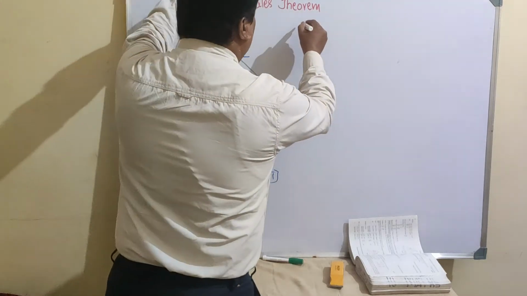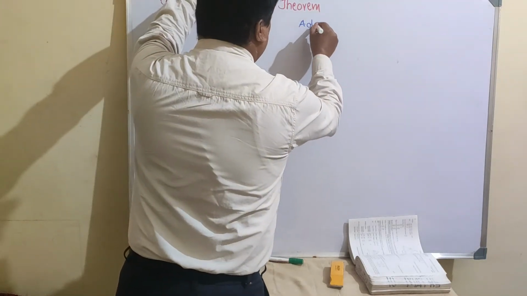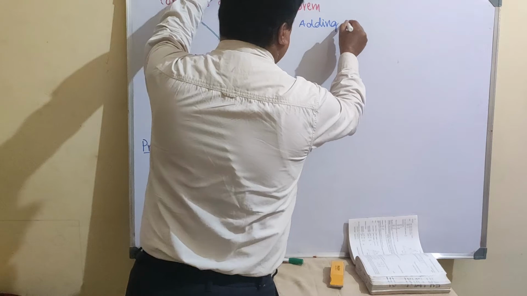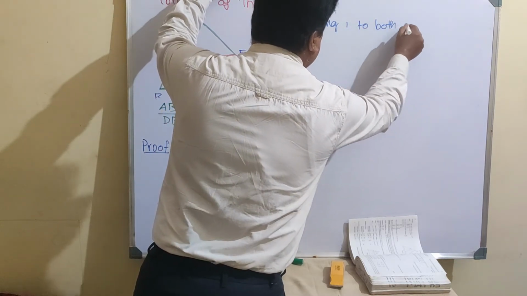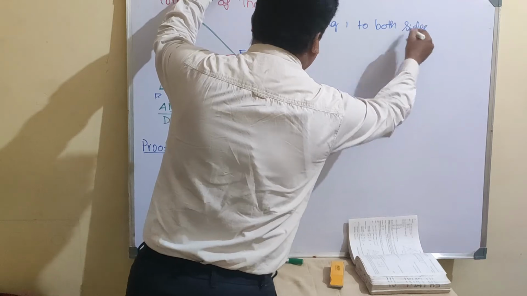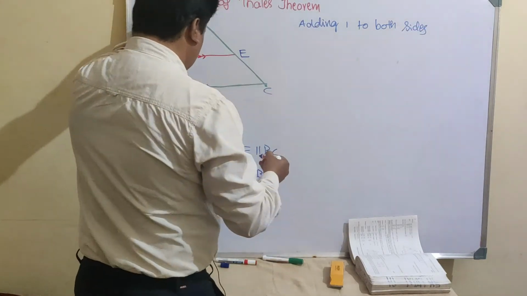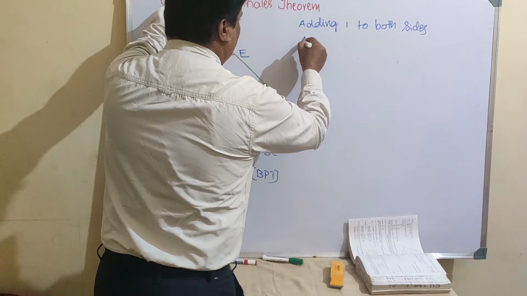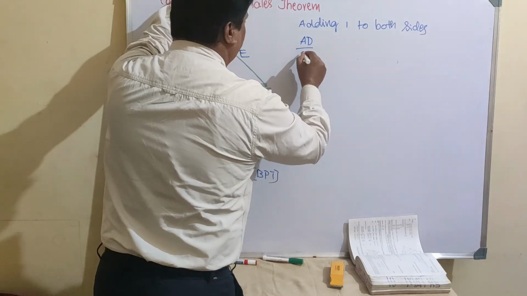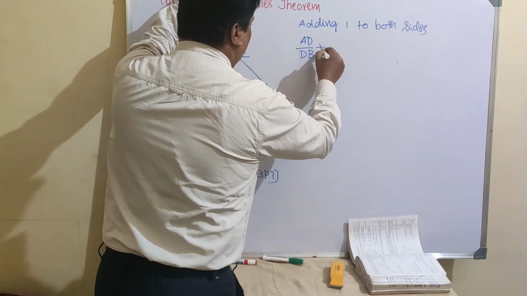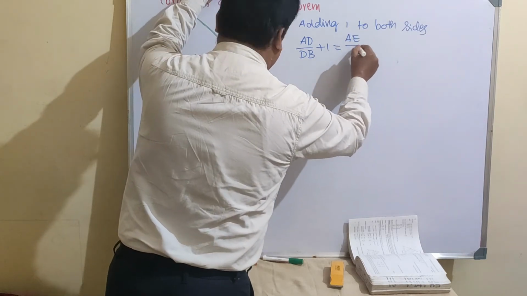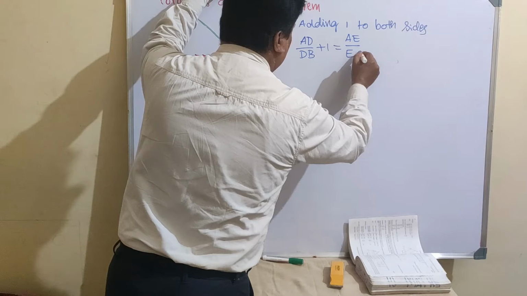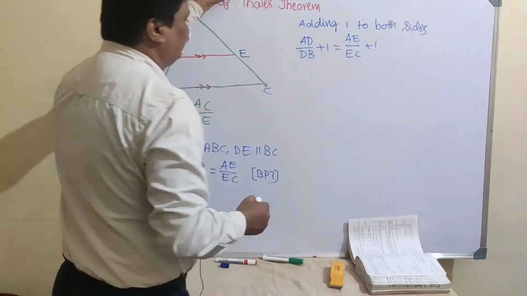Here, adding 1 to both sides, we will get AD by DB plus 1 is equal to AE by EC plus 1.